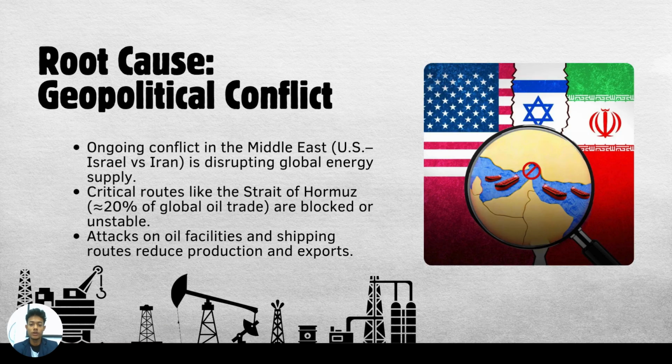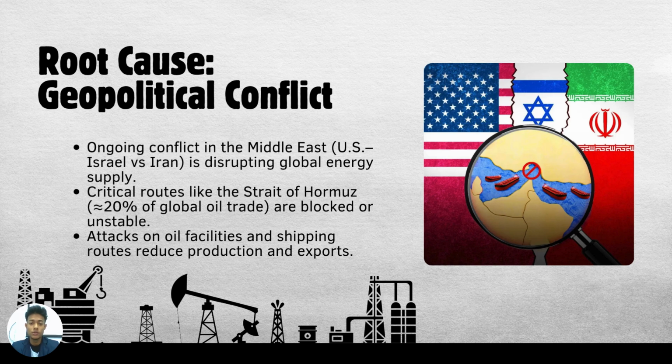First, let's look at the main cause, which is geopolitical conflict. Currently, tensions in the Middle East are disrupting global energy supply. This region is very important because it produces a large amount of the world's oil. There are also crucial routes like the Strait of Hormuz, where a significant portion of global oil trade passes through.